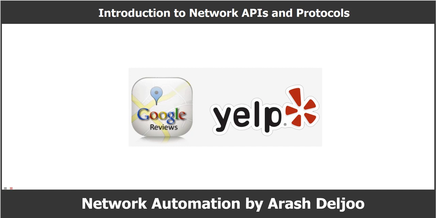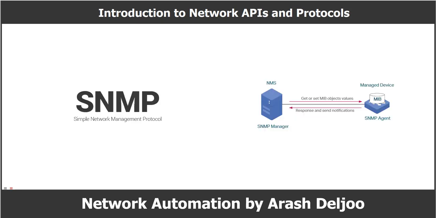Again, this is an example of a software system that wants to communicate with another software system. As another example, Network Management Systems, or NMSs, communicate with Simple Network Management Protocol, or SNMP, to request and receive information from SNMP-enabled devices.